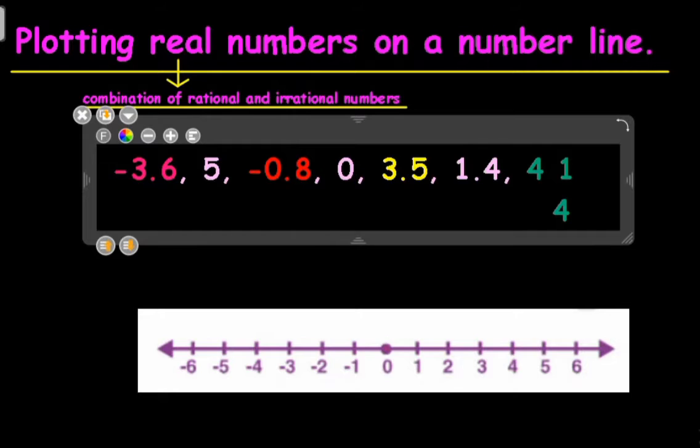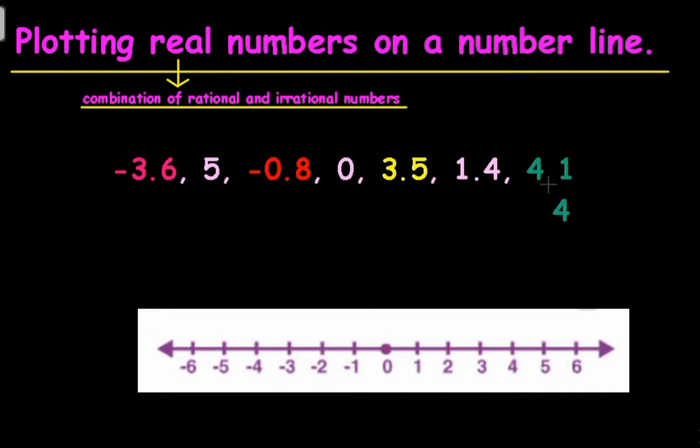The first one is minus 3.6. So when I'm going to plot this number minus 3.6, the very first thing that I need to look at is which two numbers 3.6 can lie between. 3.6 will be coming between minus 3 and minus 4.